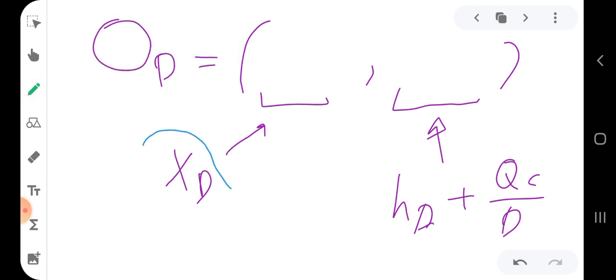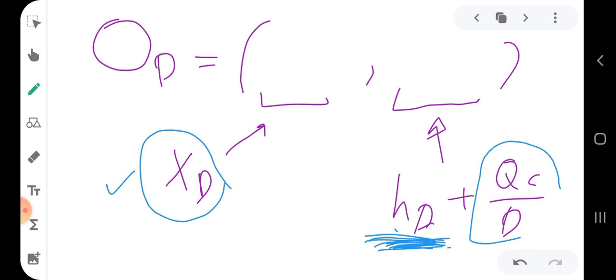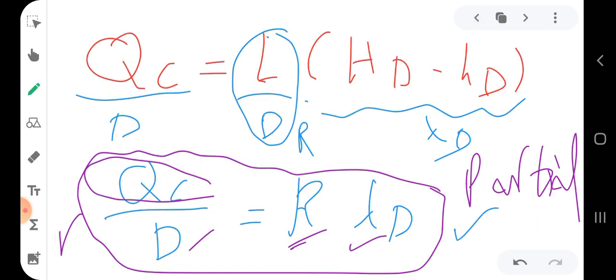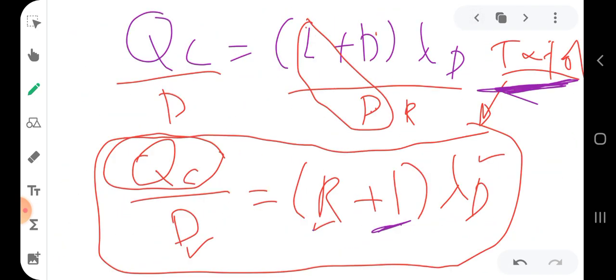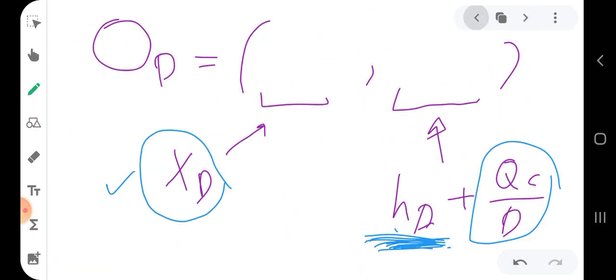So if we know our performance xD, and we determine h small d from the graph, and we determine QC over D using either this equation for partial condenser or this equation for total condenser, we can determine OD on the graph, right?